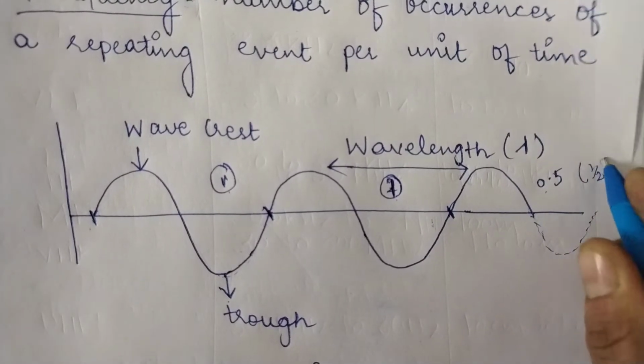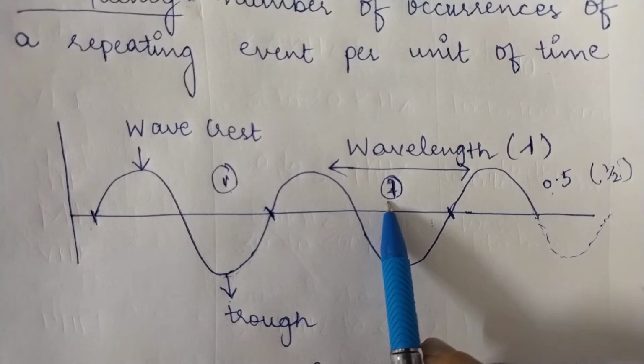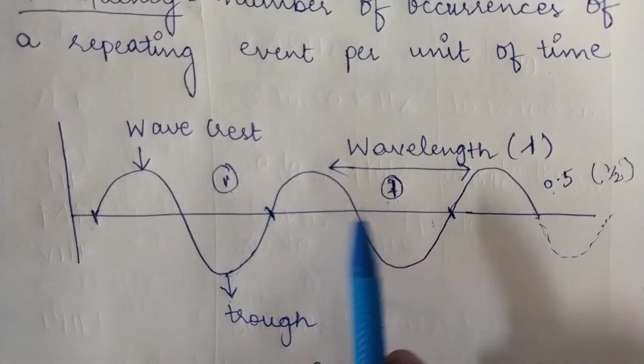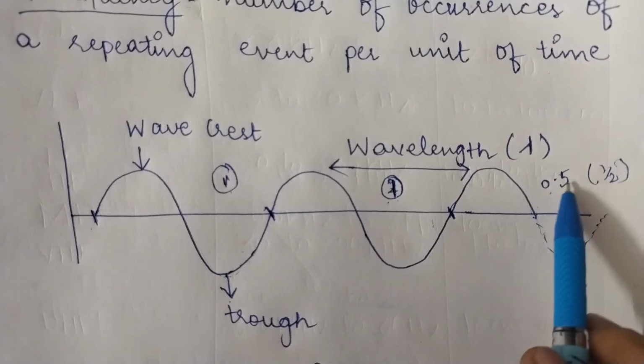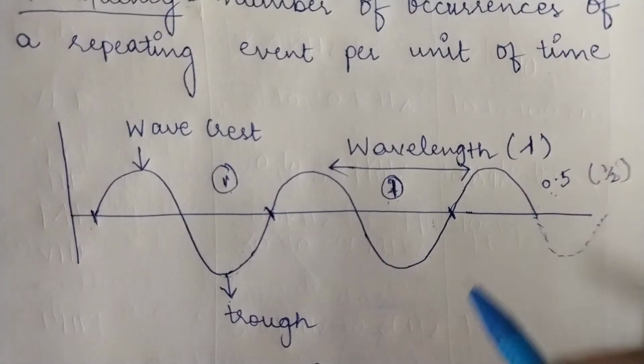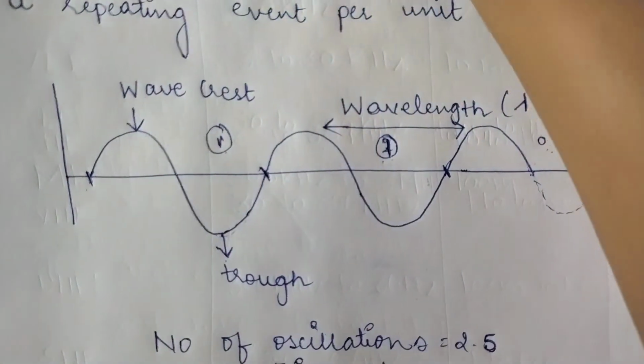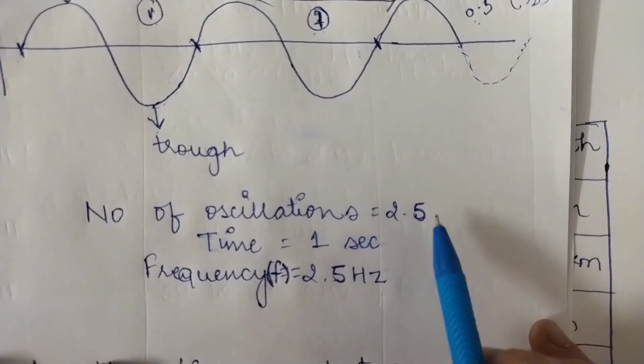So you have two complete oscillations plus a half oscillation. That means in total how many oscillations do you have? The number of oscillations that you have is 2.5.